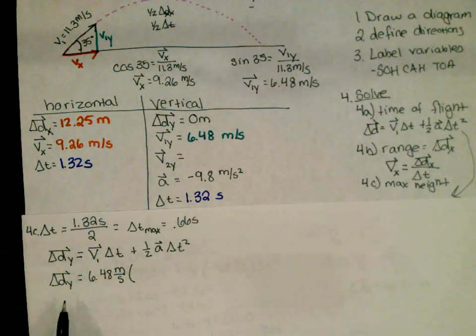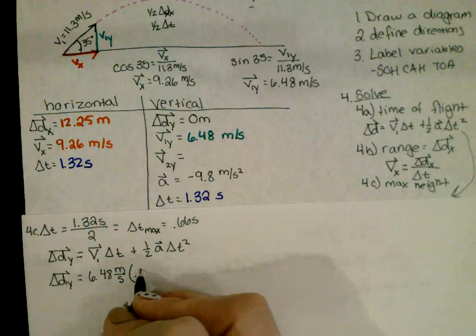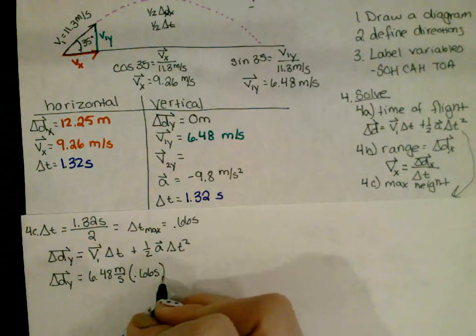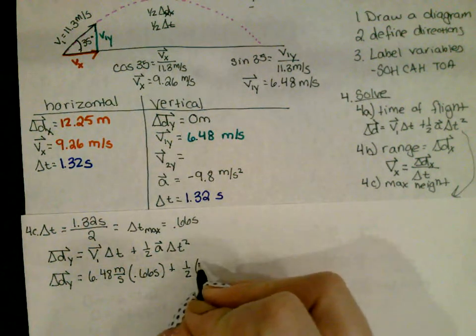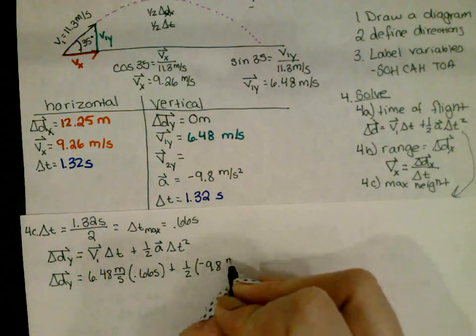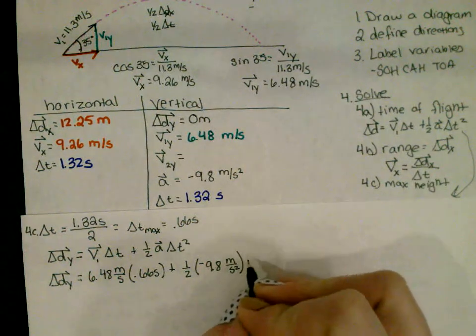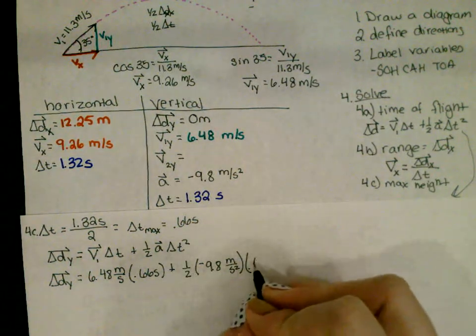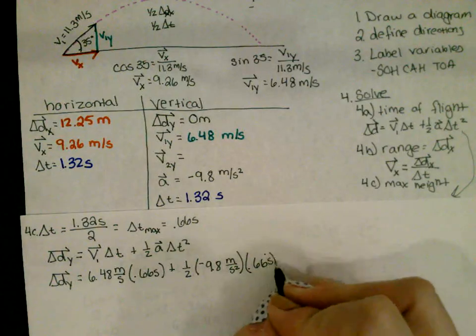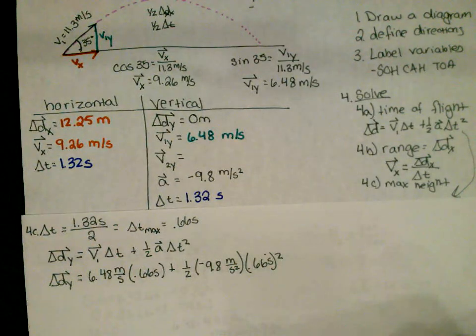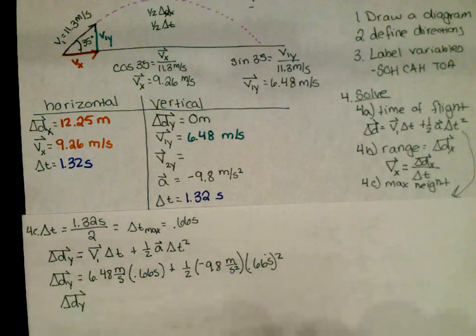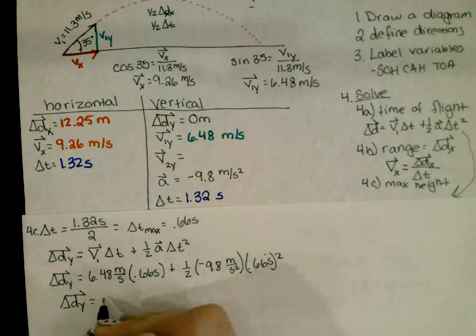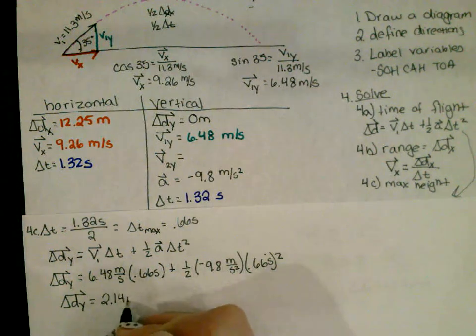Our change in time, so we're looking for our height when the change in time is 0.66 seconds, plus 1/2 times negative 9.8 meters per second squared times our change in time again, 0.66 seconds squared. Our math is going to come out to, at 0.66 seconds, our height is 2.14 meters.